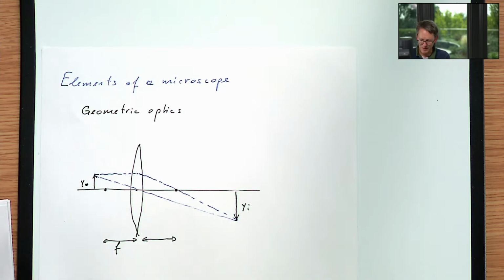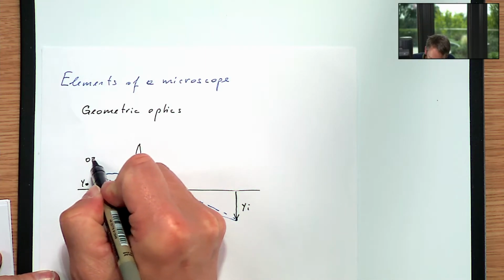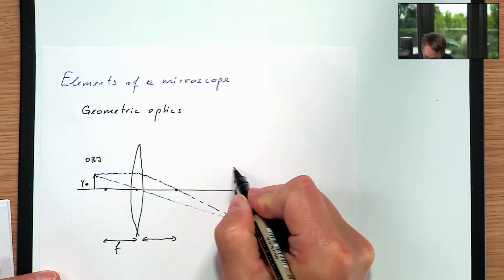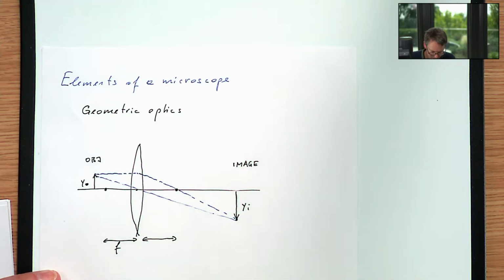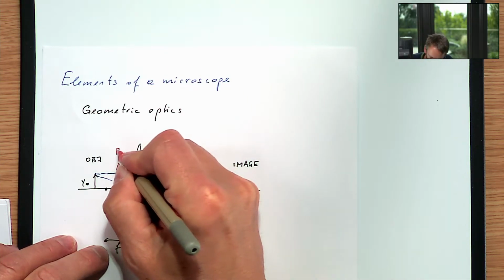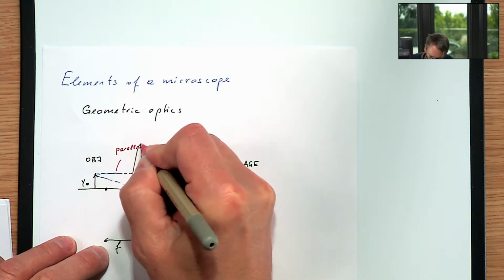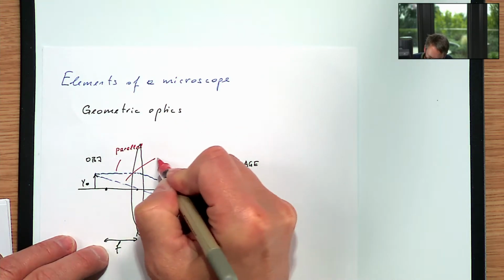So the lateral extent is now yi when it was y0 for the object. So we call this the object, and we call this the image plane here. And so let's call this the parallel ray, and this is called the central ray.